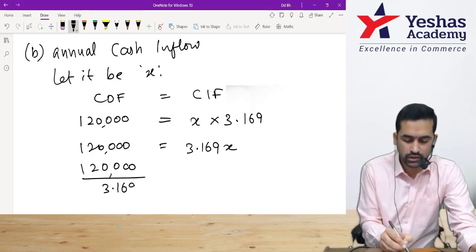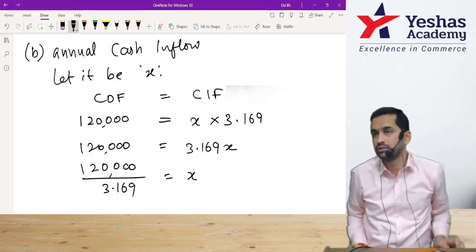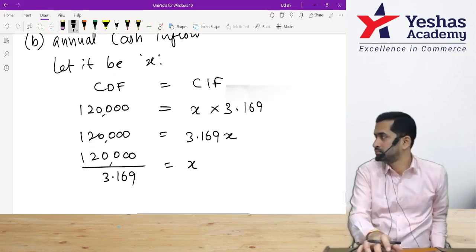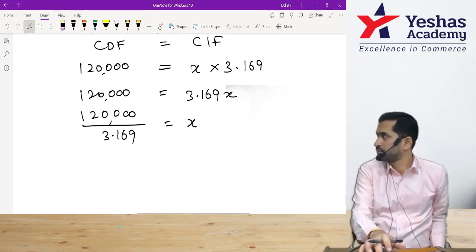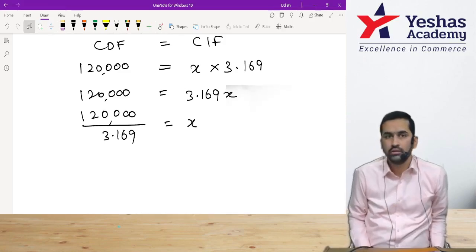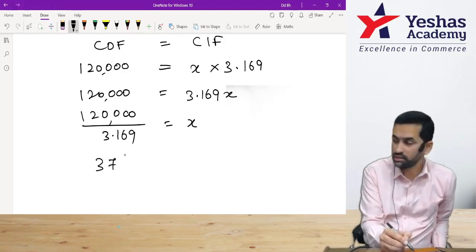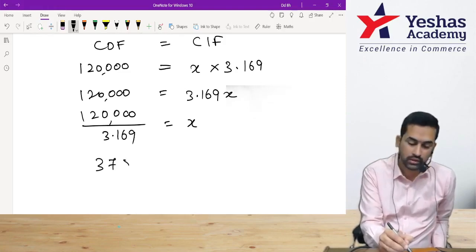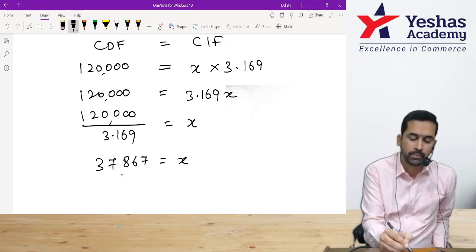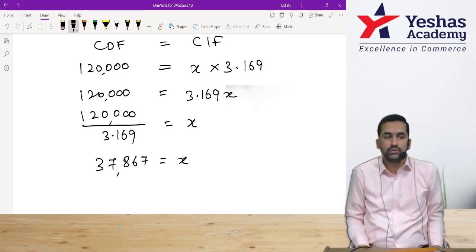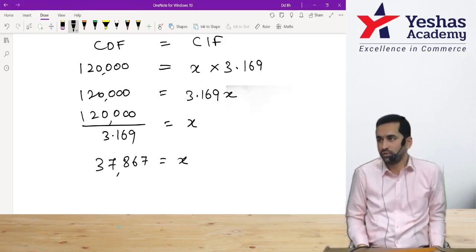Just have to shift it this way. Anyone? 37,867 rupee should be your annual cash inflow. Then your NPV will reach 0.